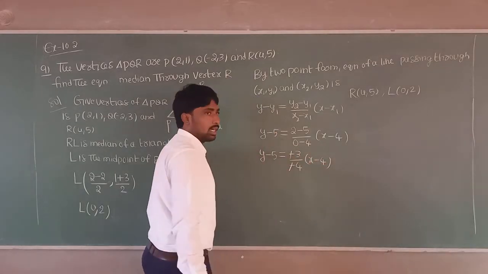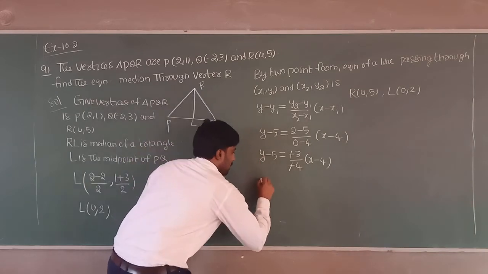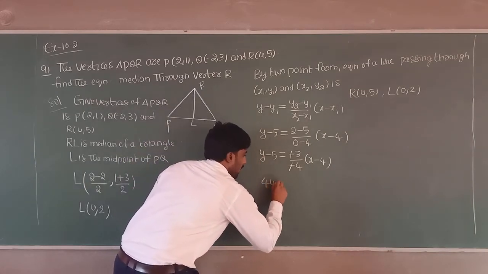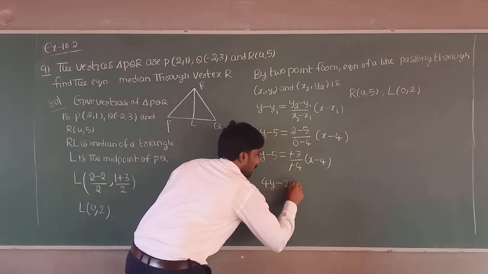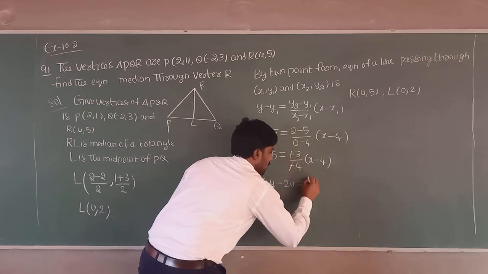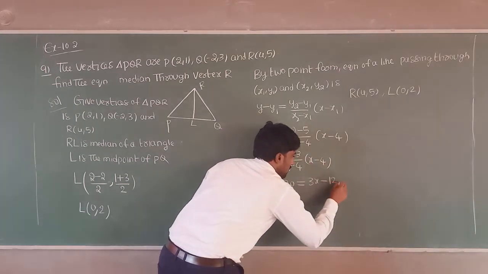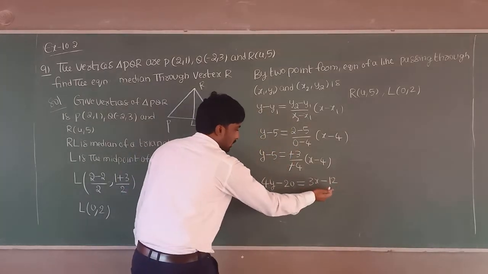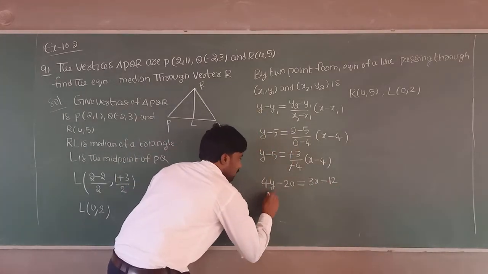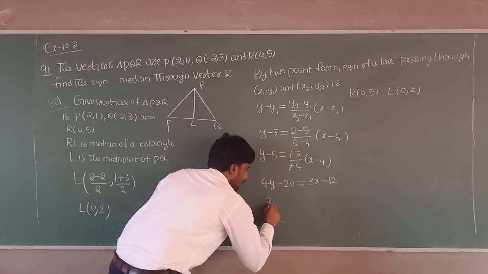So minus minus gets cancelled. If I cross multiply, 4y minus 4 into 5 is 20, equal to 3x minus 3 into minus 4 is minus 12. So this entire term shifts to this side, this term you shift to that side. What do you get?